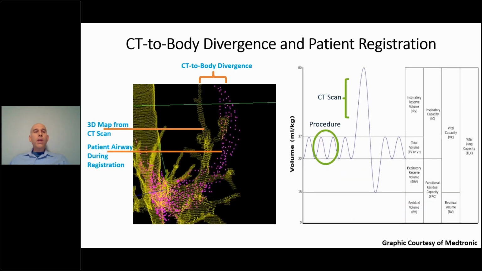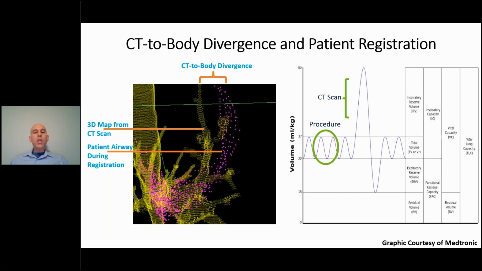One of the big issues of CT to body divergence is the way that the patient breathes during the scan versus the procedure. You can see that during the scan, the patient's breathing at total lung capacity. We ask the patient to just take a deep breath in, hold it for a few seconds, and then the scan's done.